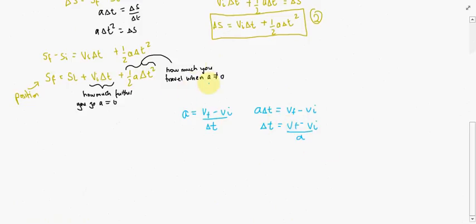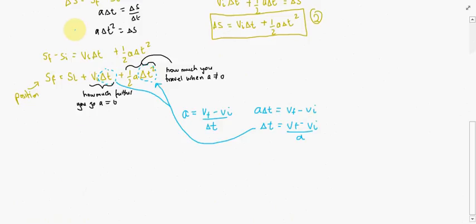I will plug this into these time variables over here. So I'm just going to plug it in there, and I have a delta t over here. So when I substitute this delta t for this, I'm going to get a really messy looking equation.